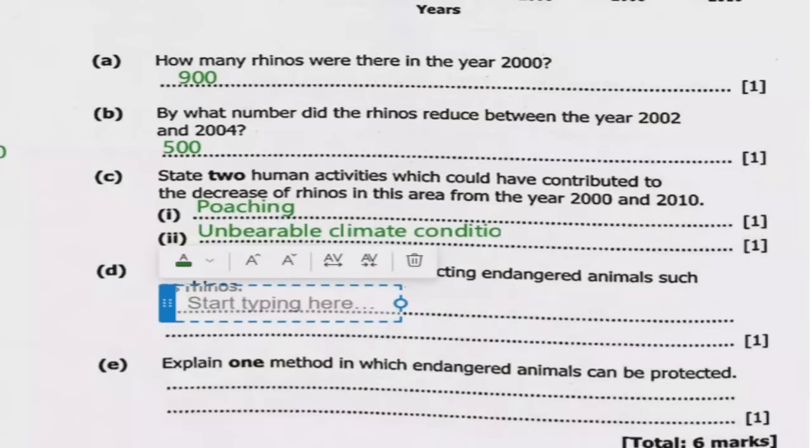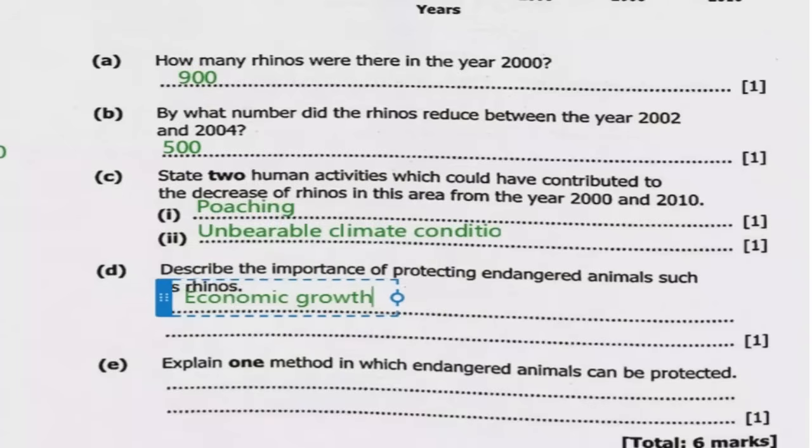You can say economic growth. You can call it the way you want, but I'll term it economic growth. There will be growth in the economy. People bring money into the Zambian economy. That means our economy will grow.